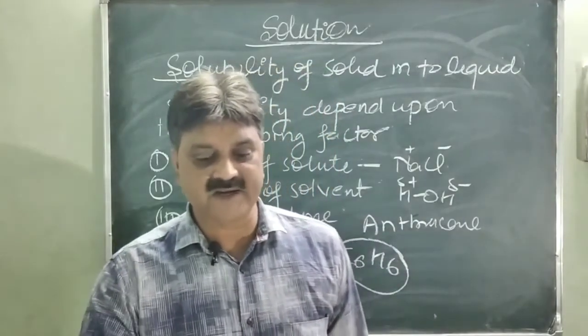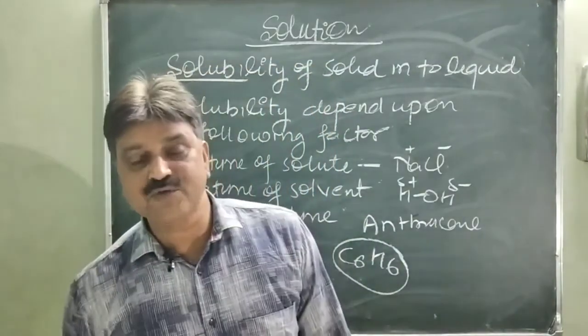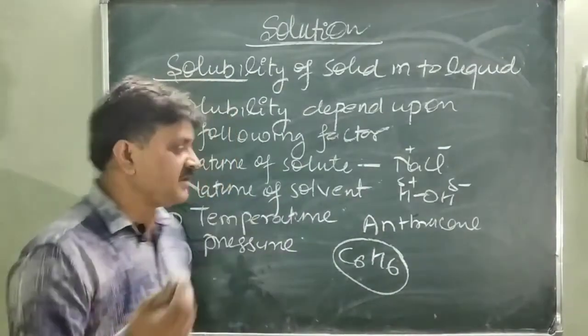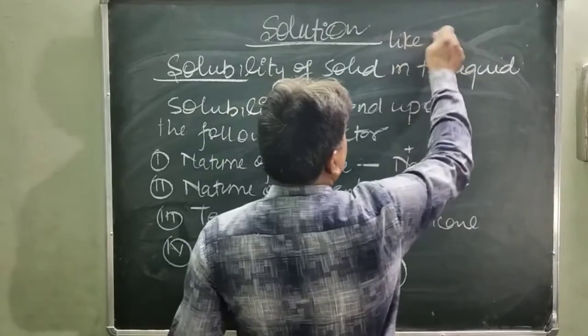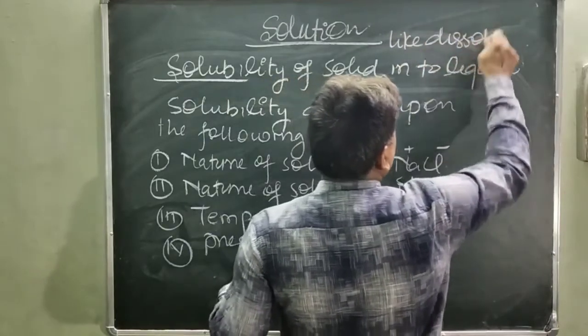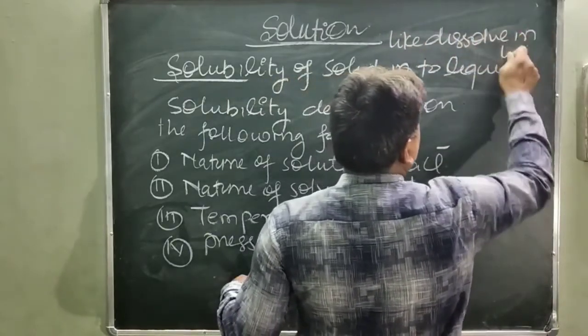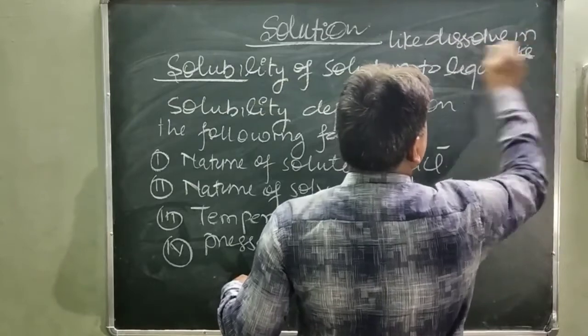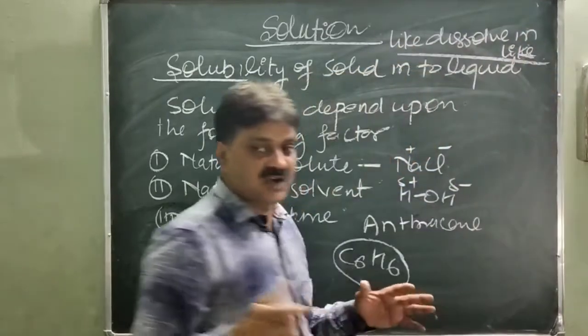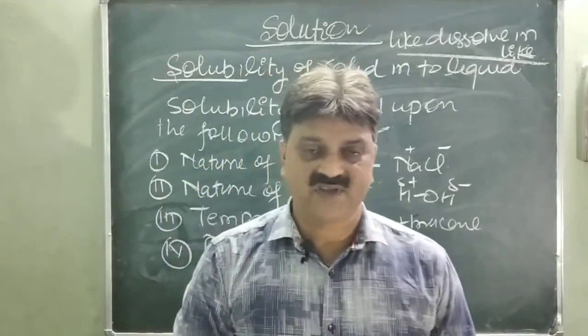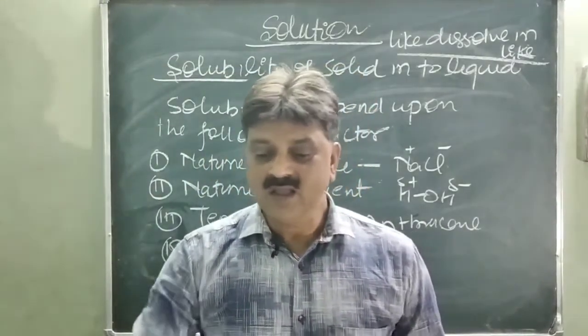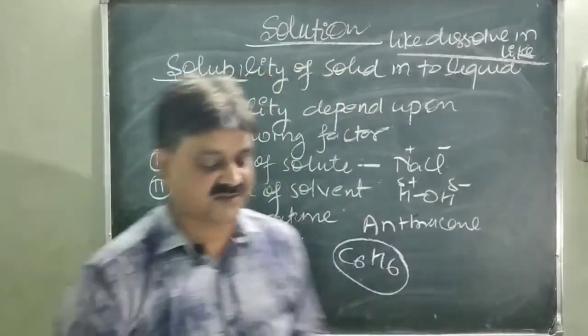So we can say that like dissolves in like, meaning solute and solvent of the same nature are soluble in each other. Is it clear? And we are coming to another topic.